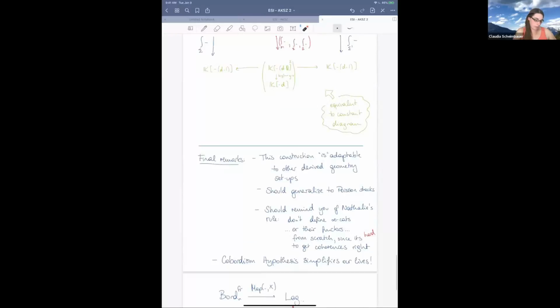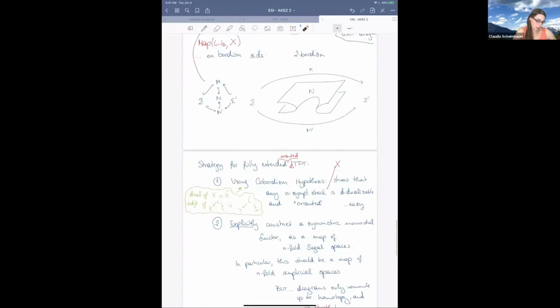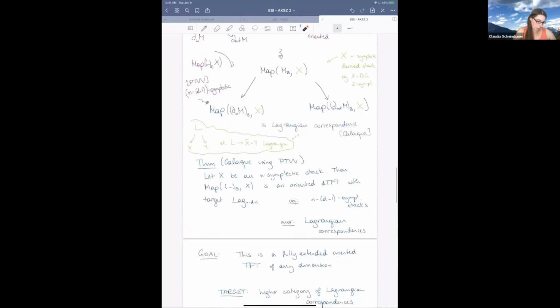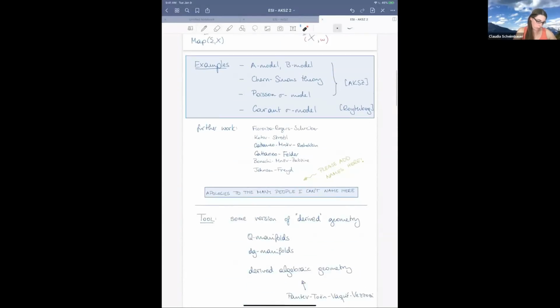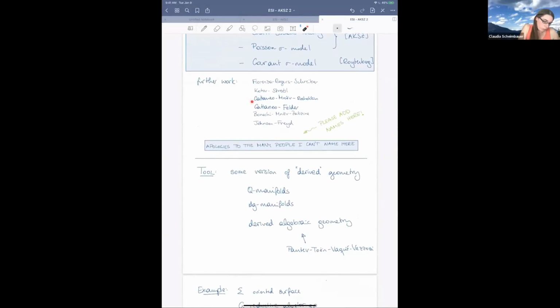There's a work, I'm sure you know of, by Cattaneo, Mnev, and Reshetikhin, who basically do something along those lines. I have actually tried to understand how to get theirs from a situation like this.